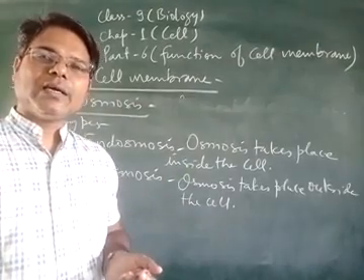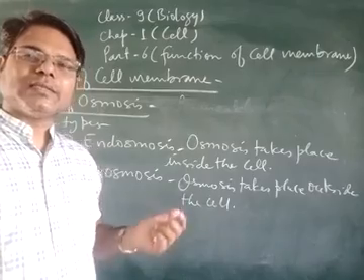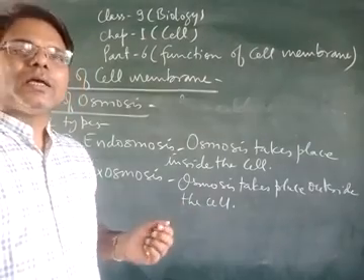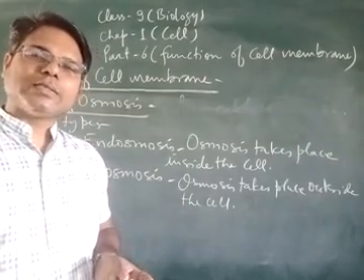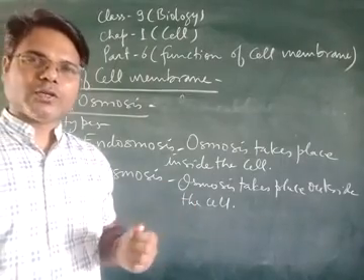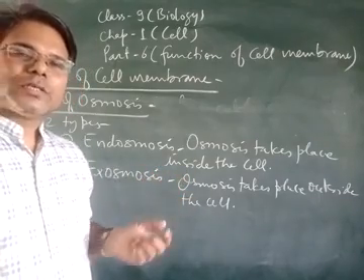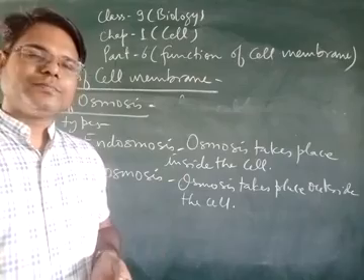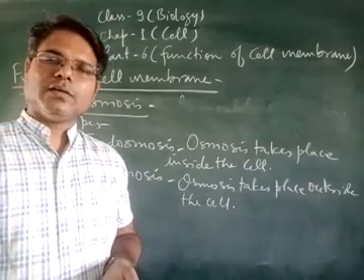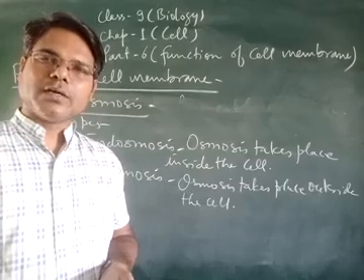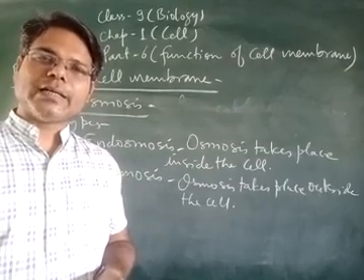If the material is higher inside the cell, then the cell performs exosmosis, and if material is lower inside the cell, then the cell performs endosmosis. So both these types of osmosis actually depend on the amount of material, the concentration of material present inside the cell.